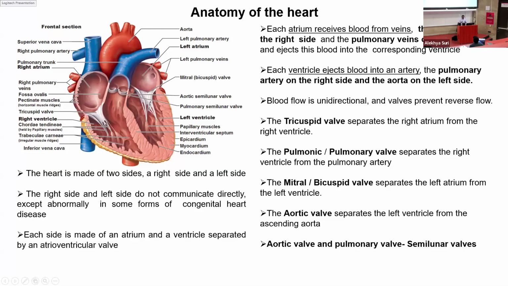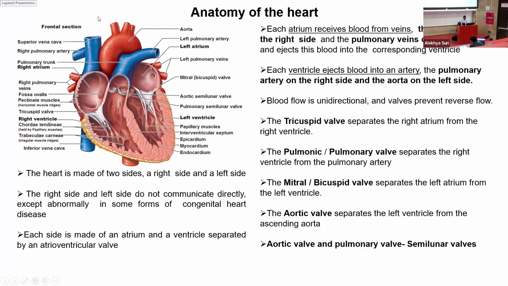So the heart cardiac muscle is always connected with blood vessels. The left atria or right atria or ventricles, left or right ventricles, they are all connected with blood vessels. And to remember the names, the atrium always receives blood from veins, or in other words, the atria is connected to veins.